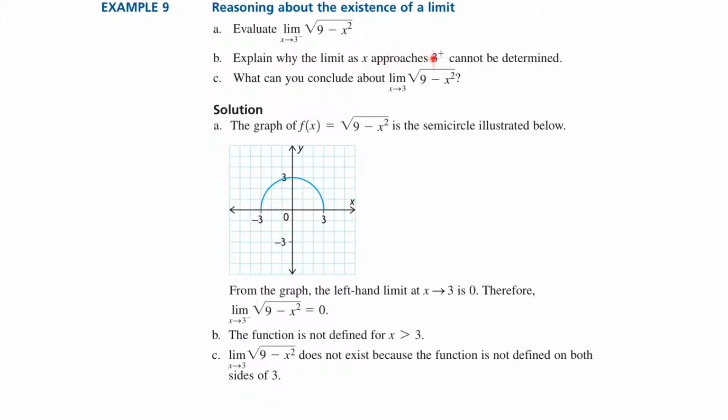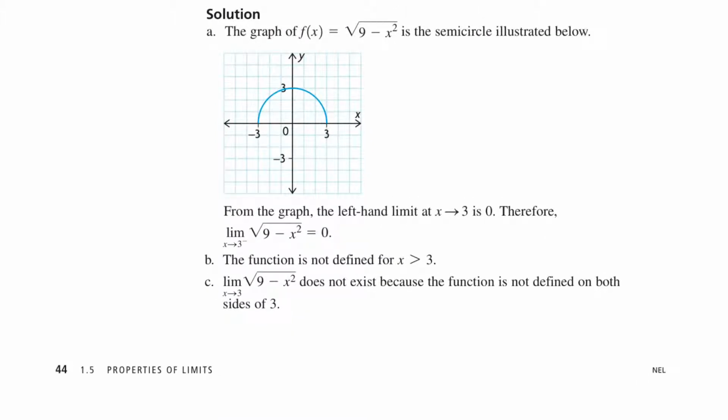Explain why the limit as x approaches 3 from the right side does not exist. When x is greater than 3, the function is undefined. Therefore, the limit of square root of 9 minus x squared as x approaches 3 from the right side does not exist. Since the right and left side limits are not the same, actually the right side limit does not exist, therefore the limit does not exist.